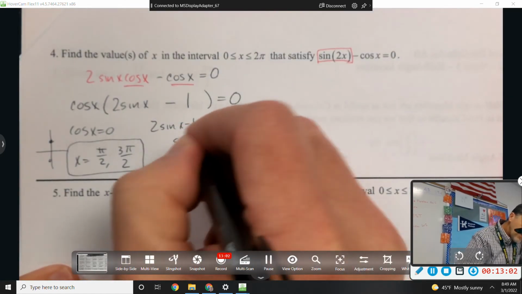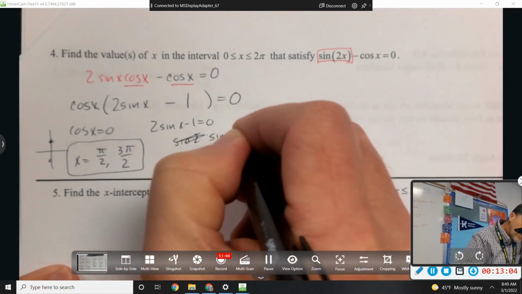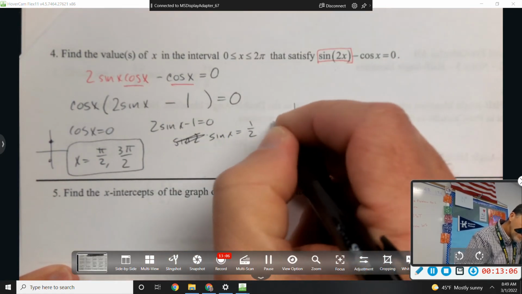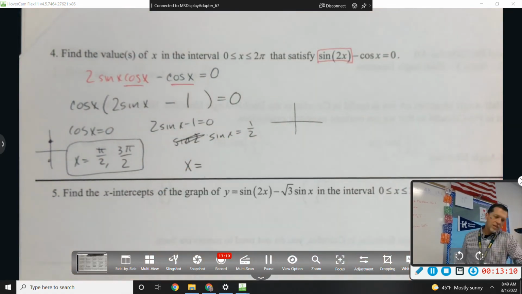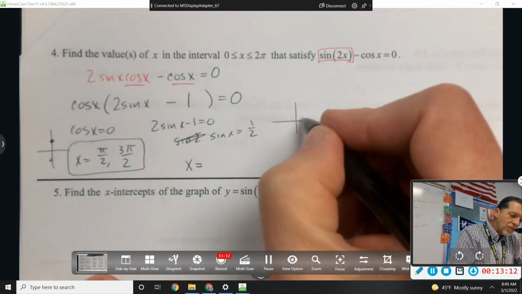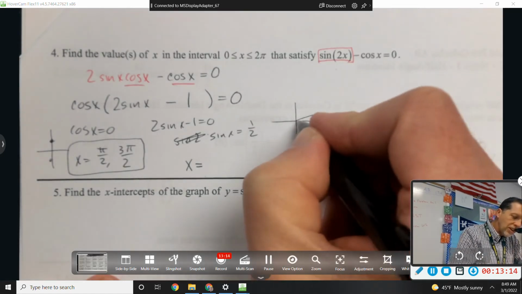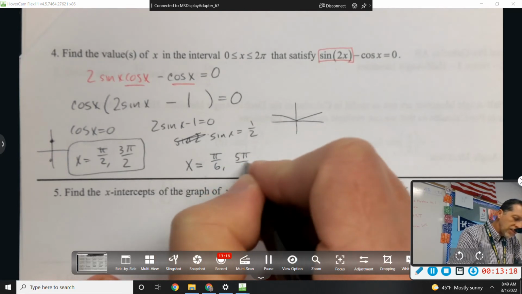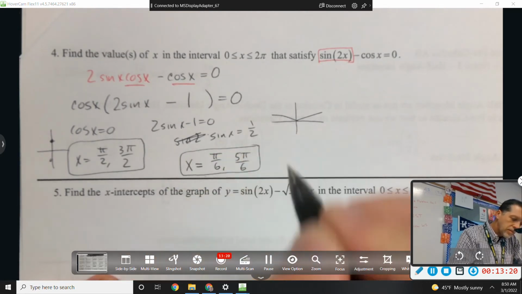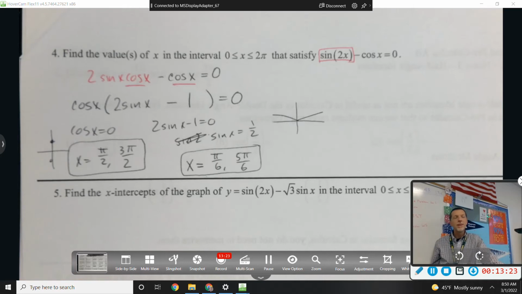Sine of x equals 1/2. Some of you probably don't need pictures at this point. Some of you are like me, you still need to visualize what's going on here. Pi over 6 and 5 pi over 6.